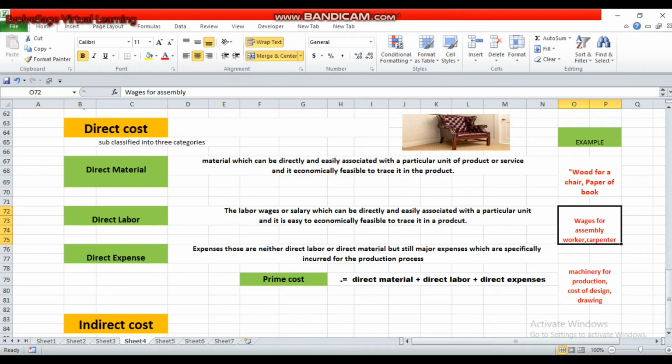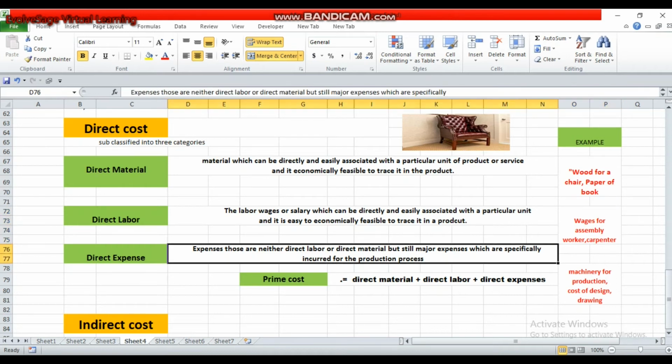So those expenses which are a major part of the production process, and without which production is impossible, will be called direct expenses. As in the example of depreciation, for producing a product we require machinery and we need to consume machinery, so that consumed machinery will be called a direct expense.